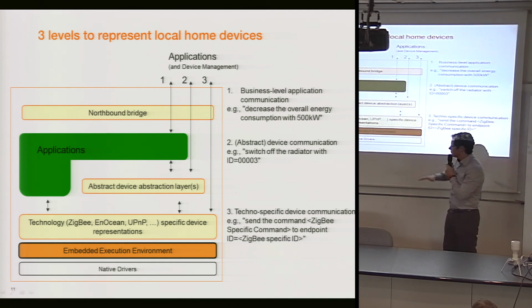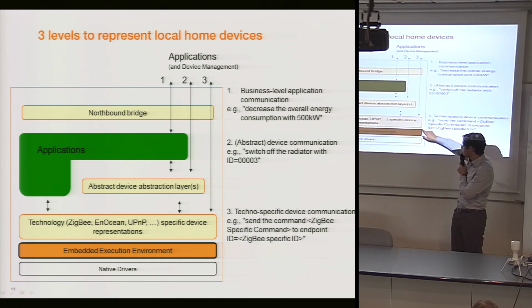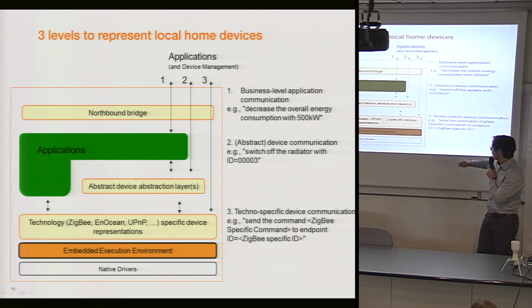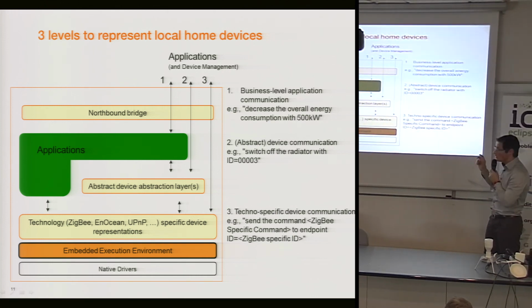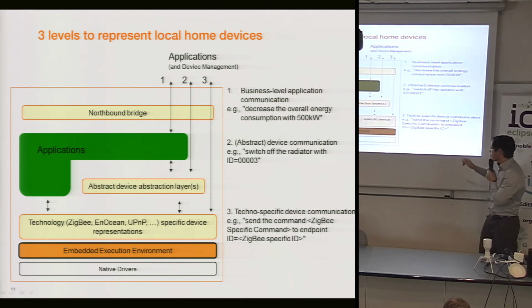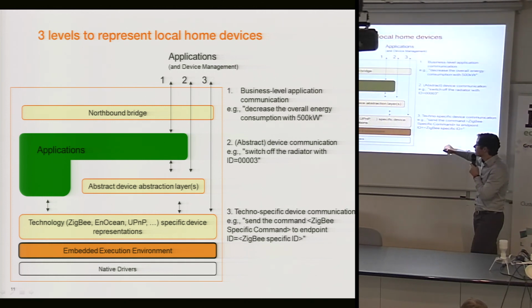At the bottom level, we have the technology-specific device representation layer, where the developer has to program, for example, sending a Zigbee-specific command with a specific type to an endpoint, and he has to know what an endpoint is in Zigbee abstraction, with a specific Zigbee ID.